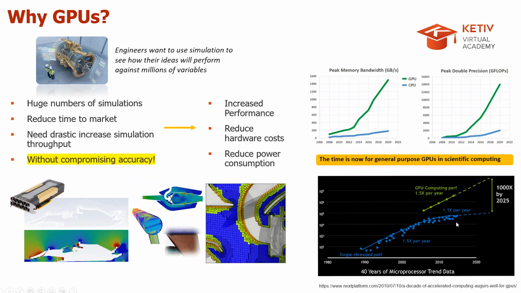And at the bottom here, you can see that if you forecast this trend over the next couple of years, then by 2025, you can hope to get almost 1,000 times increase in performance gains and solver ratings when you look at GPU computing as opposed to the conventional CPUs. So that is why we're talking about GPUs today.